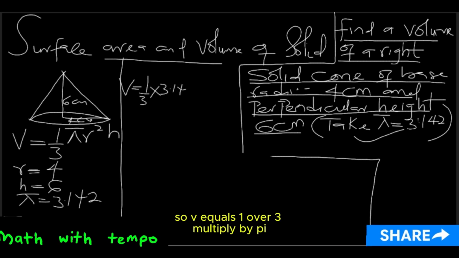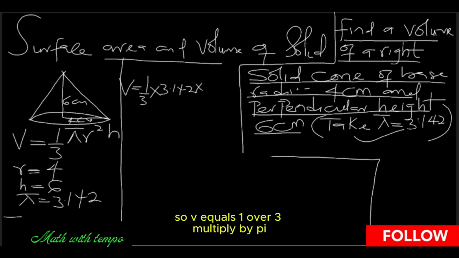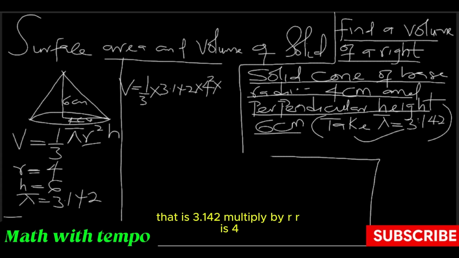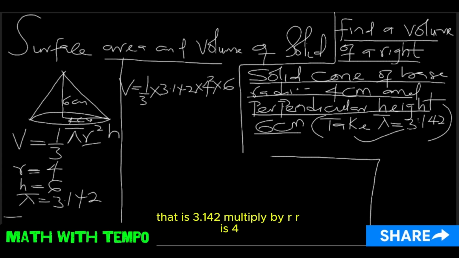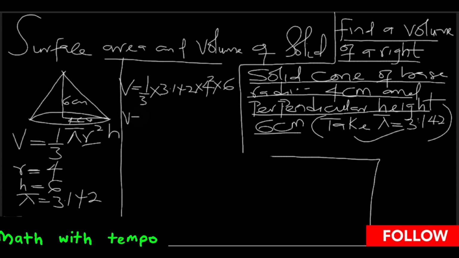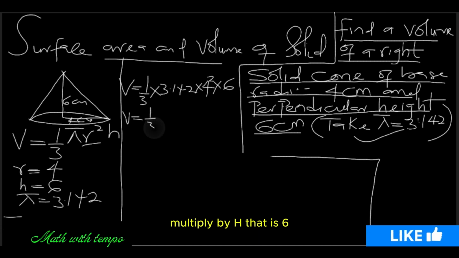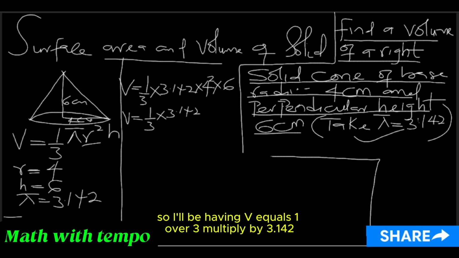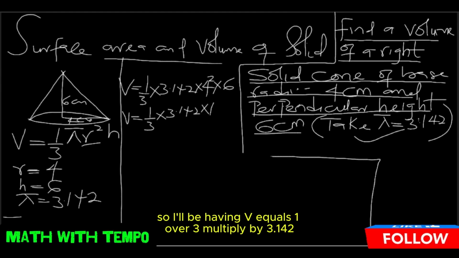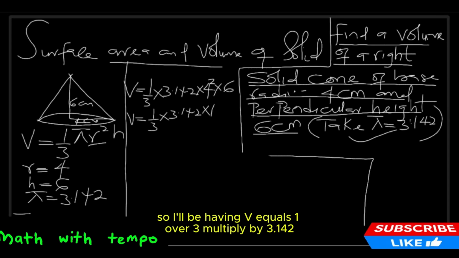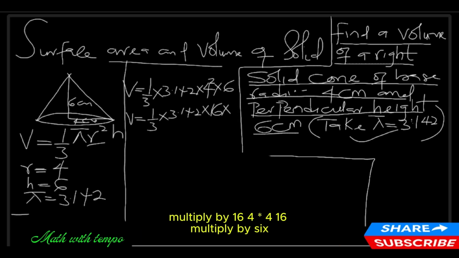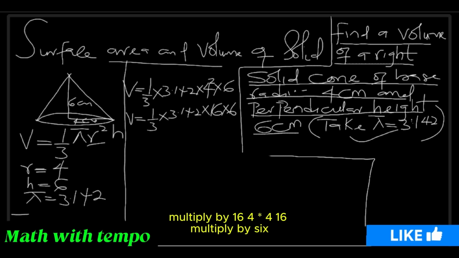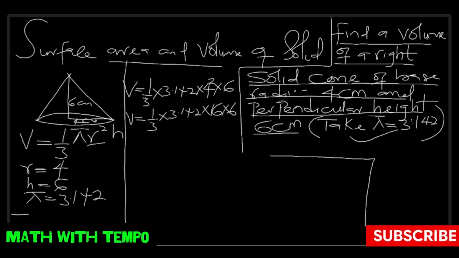So V equals 1/3 multiplied by 3.142 multiplied by 4 squared, multiplied by 6. So I'll be having V equals 1/3 multiplied by 3.142 multiplied by 16, 4 times 4 is 16, multiplied by 6.